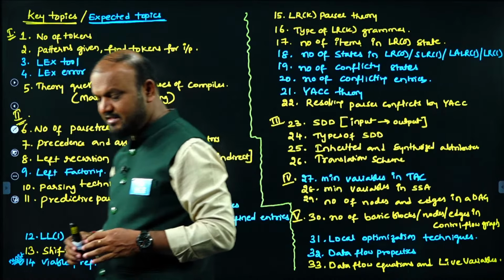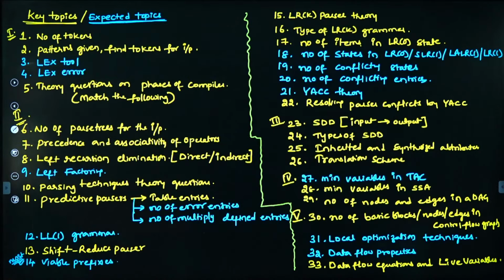I will move aside from the screen so that you can take a screenshot of it if possible, and it will be helpful for your preparation. Whatever I have written in blue color are expected topics, and in yellow color are the topics from where questions were asked. Okay, you can take a snapshot of it.